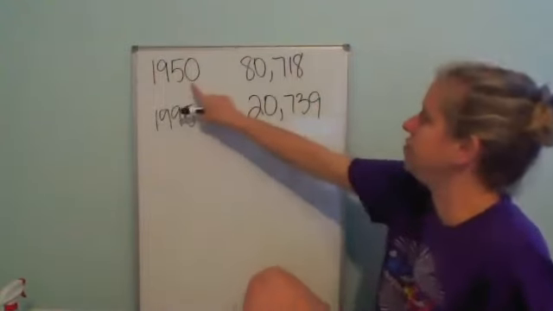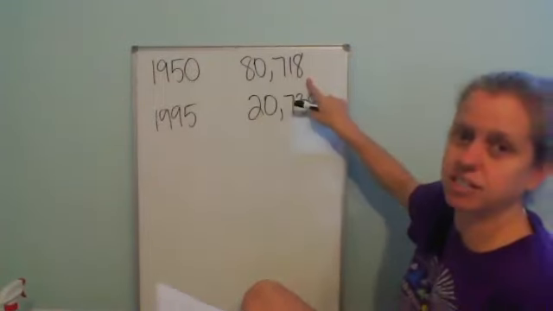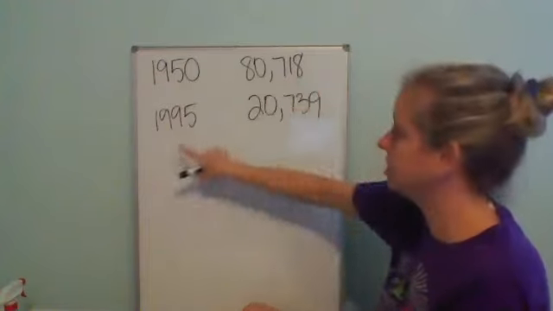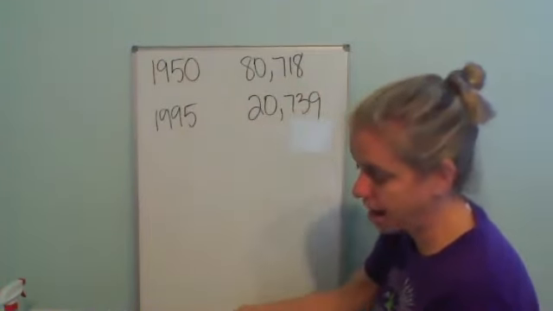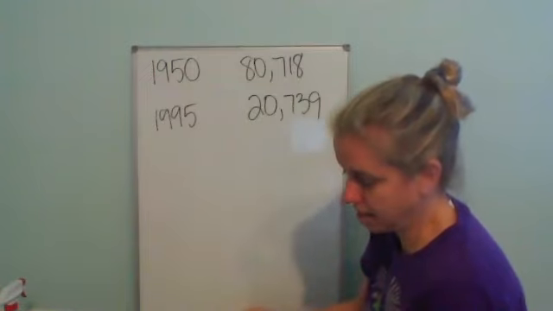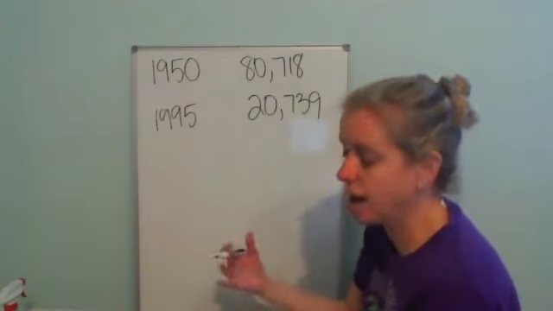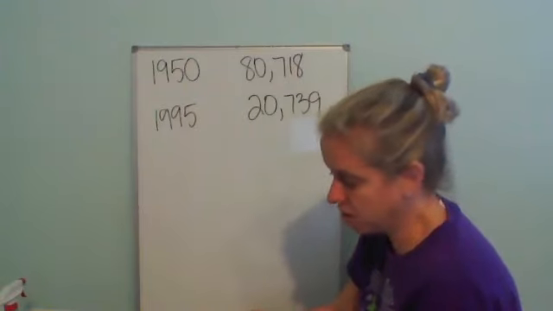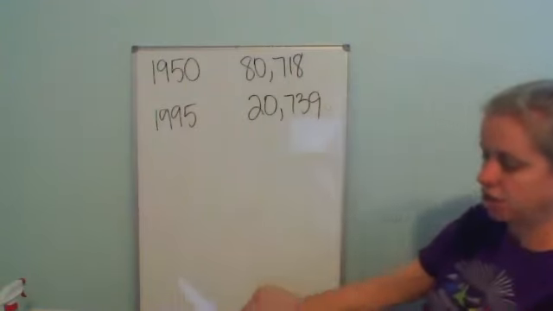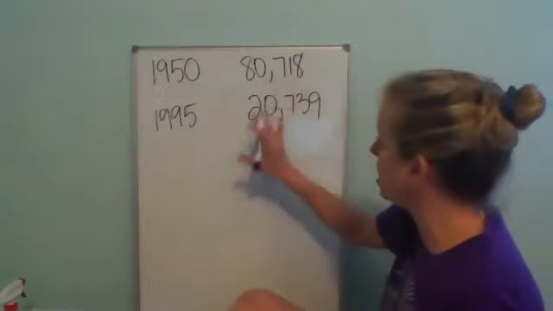Assuming that the number of farms decreased according to that formula we've been using, find the value of k and write the function that describes this situation.